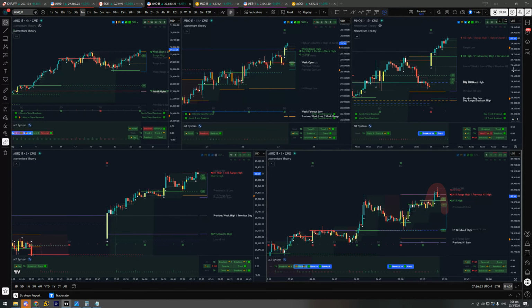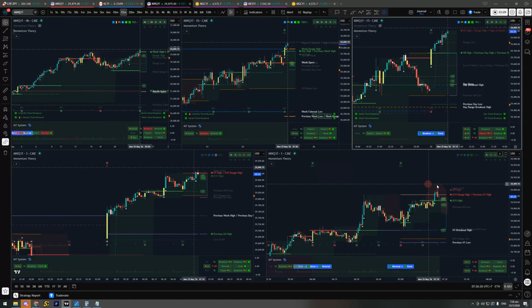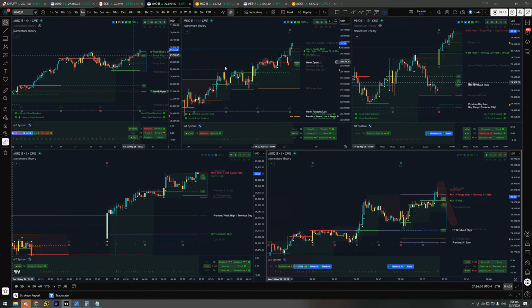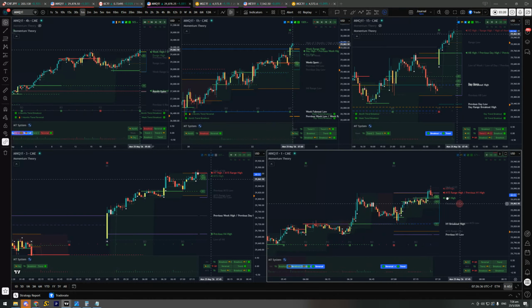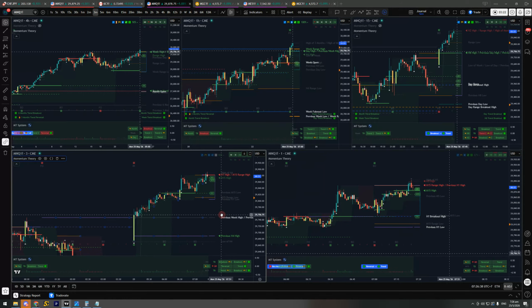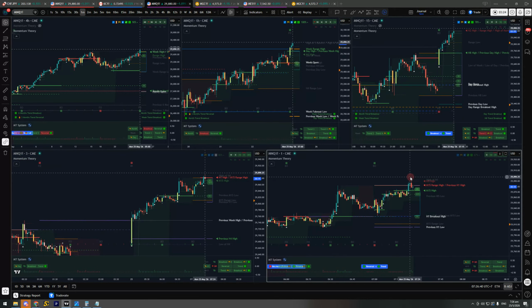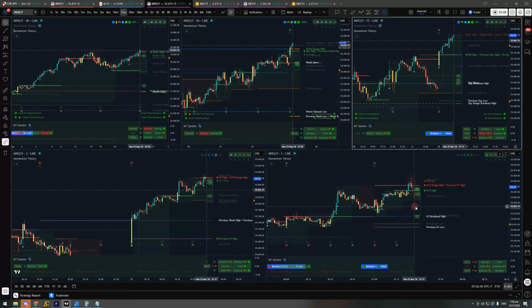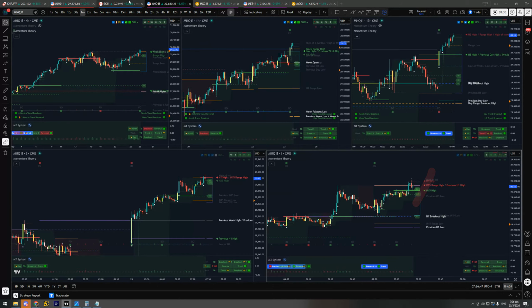I want to see a fake out of the M15 high to take this down. But eventually I do want to see this continue pushing up. We still have lots of bullish pressure here. But it should pull back a bit before pushing back up.